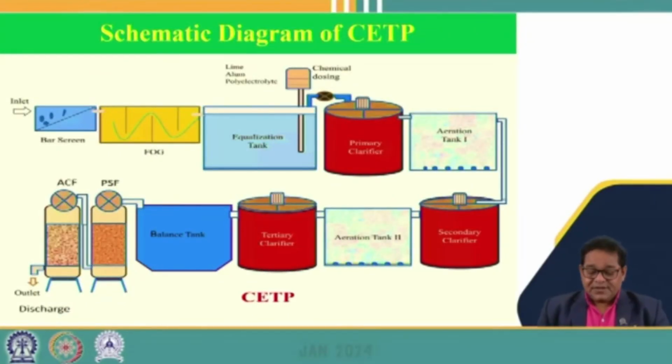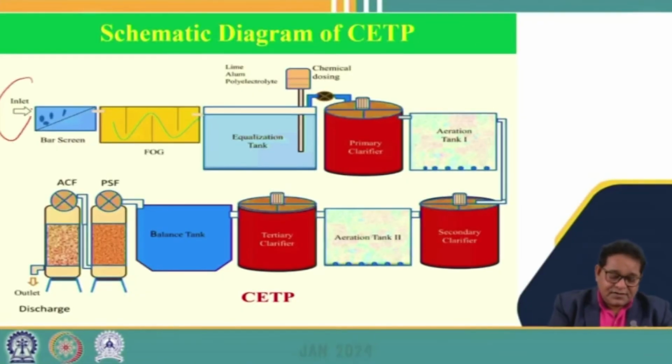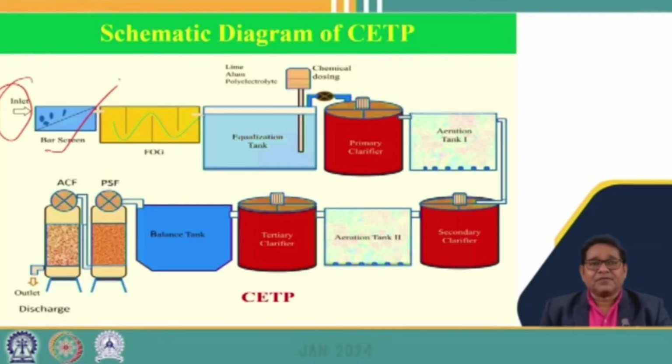So this is basically the schematic layout of a common effluent treatment system. Here we can see the wastewater comes through the inlet and passes first through the bar screens, where all the floating impurities are removed, and then the oil and grease removal process, where the oil and grease present as floating impurities are removed.